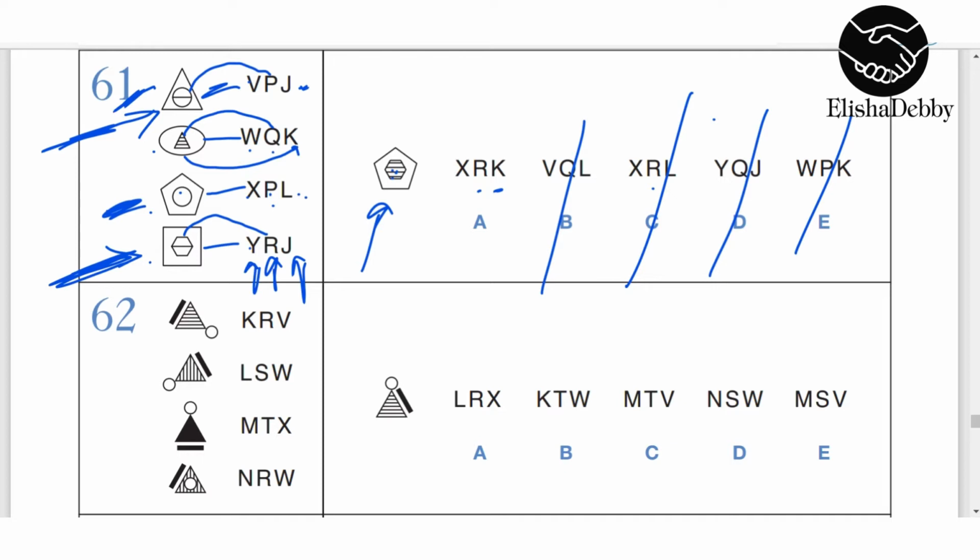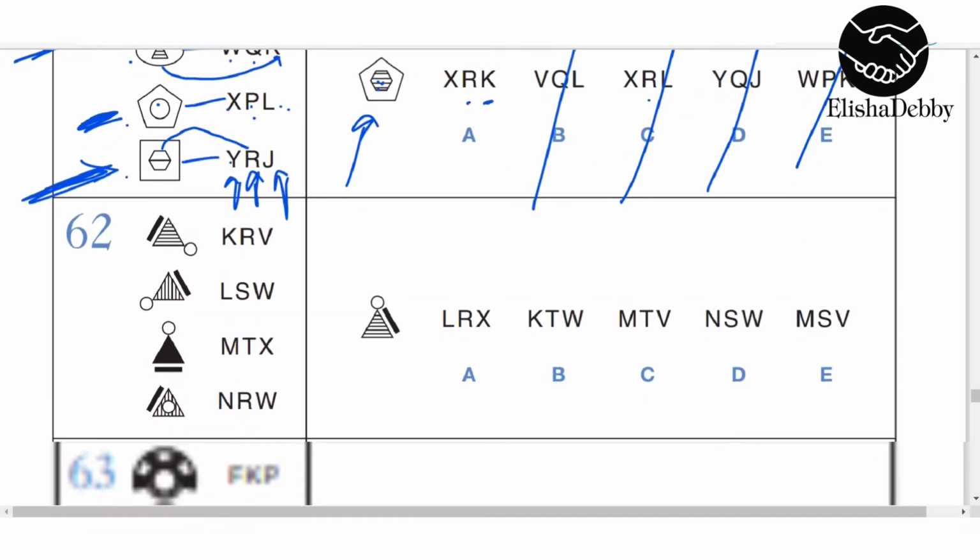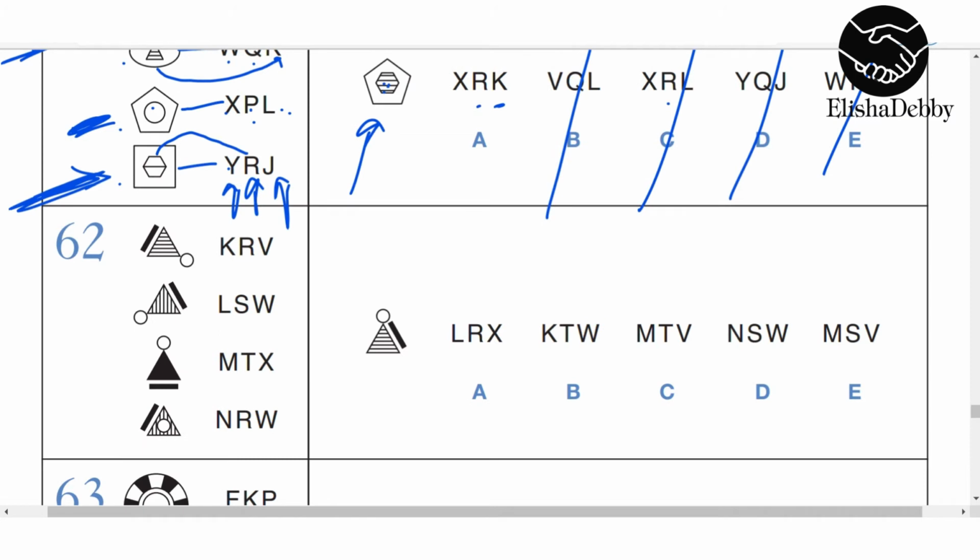So that's for that. Now the second question, let's see what we can do with that. We can see here that we have on the sides K, L, M, N. The first letters are different. So that means there's something different about this, this, and this.